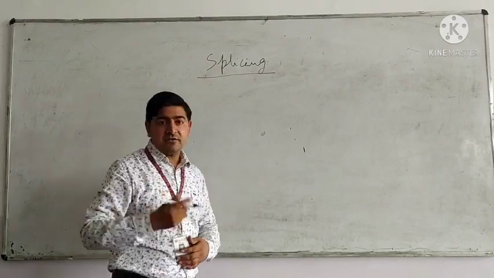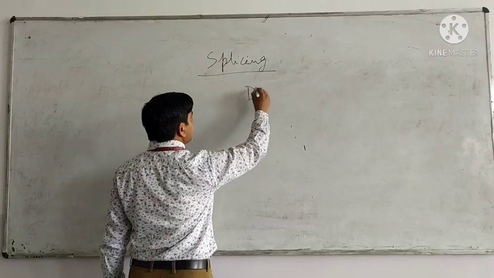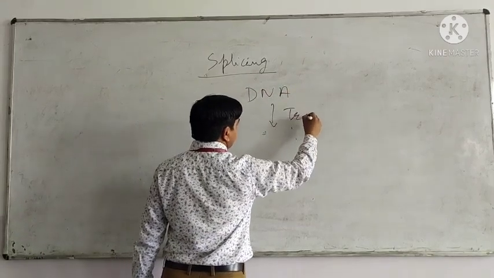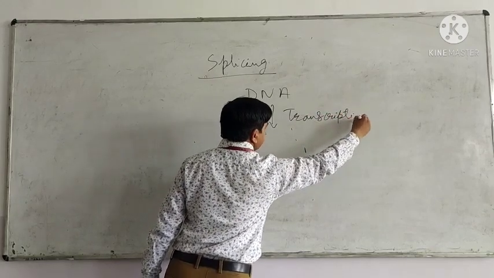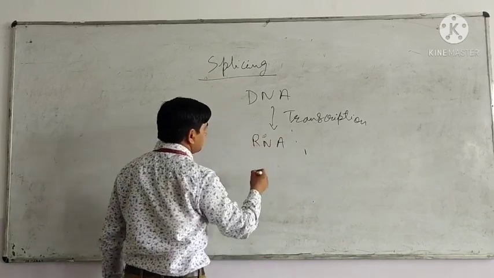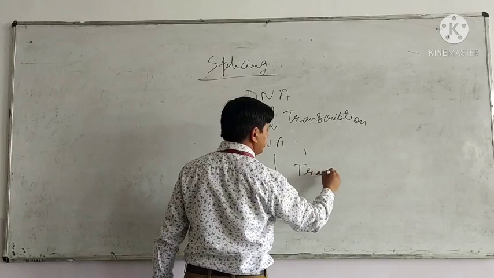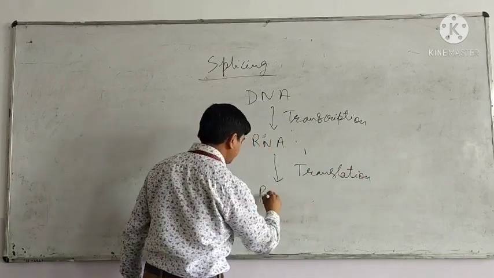According to the central dogma of molecular biology, from DNA, by the process of transcription, there is formation of RNA or mRNA, and from RNA, by the process of translation, there is formation of proteins.